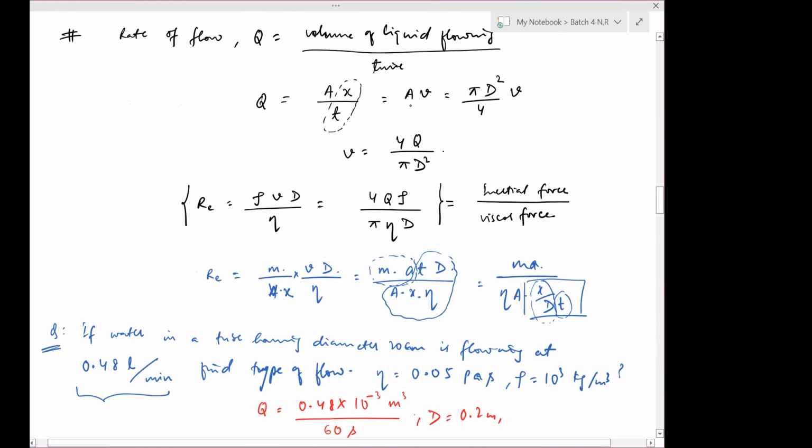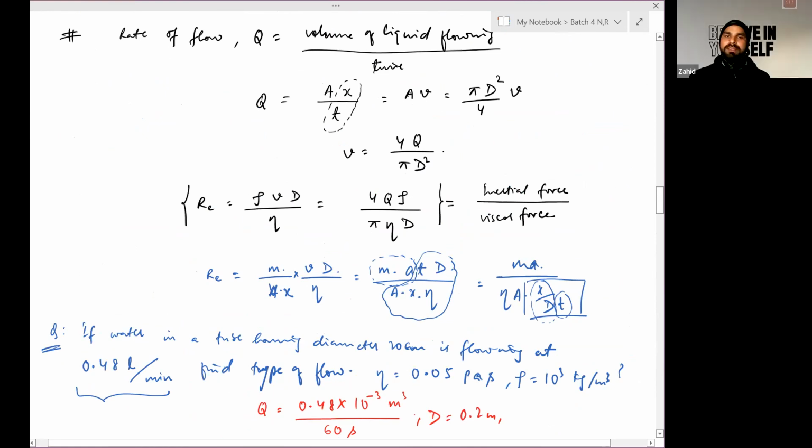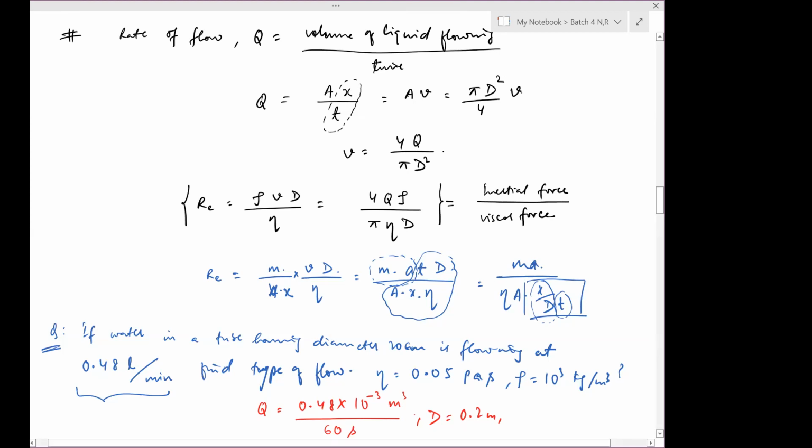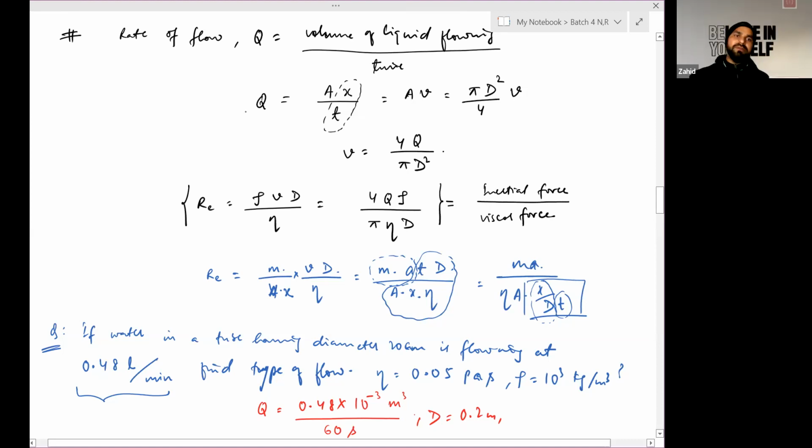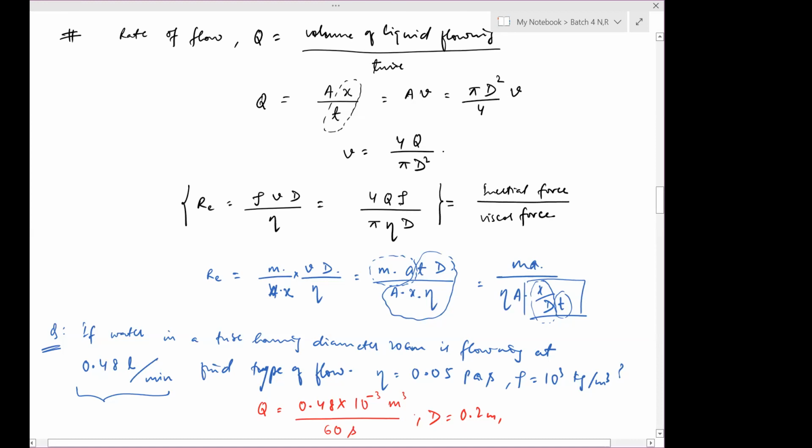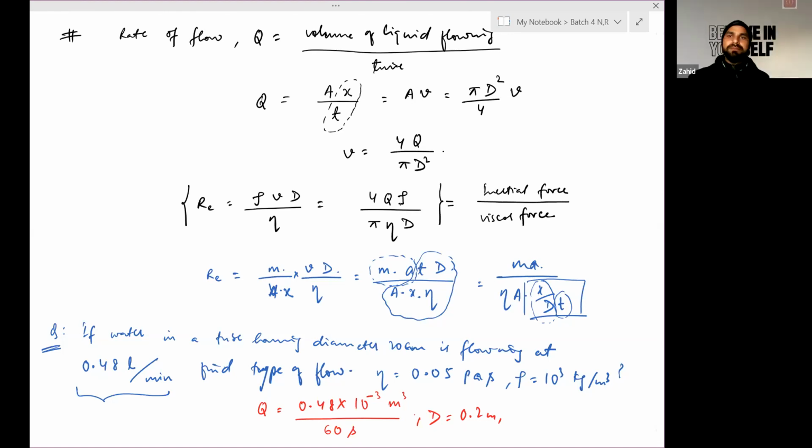I've taken Q equals area times V. Area is the cross-sectional area of that tube, which will be pi r square, but in terms of diameter, we can write pi d square by 4. So from here we derive V in terms of Q: V equals 4 times Q divided by pi d square. Just replace this value of V in the Reynolds number, and you'll get this relation. Is it clear? Yes, sir. Any more doubt? No, sir, clear.